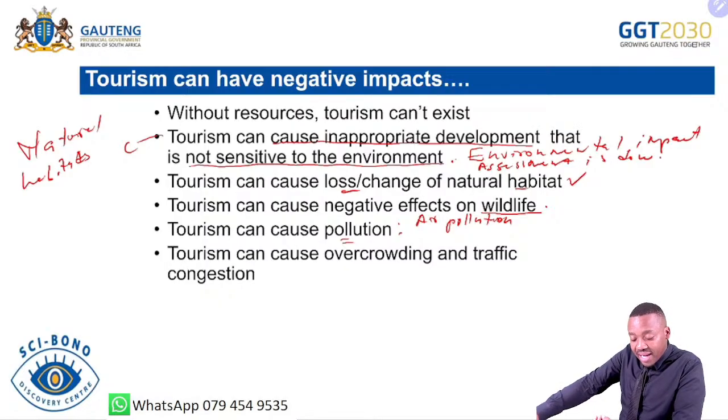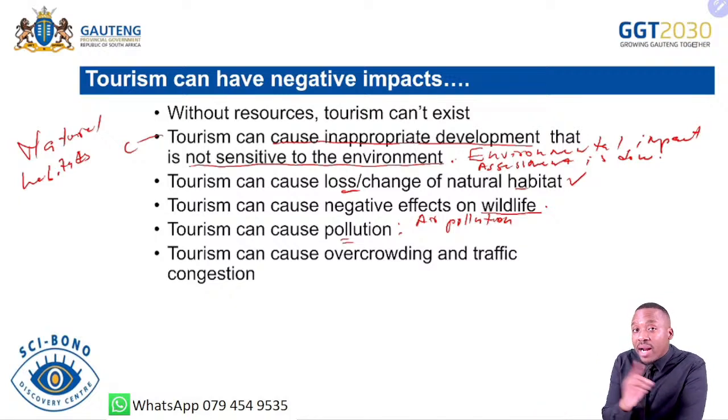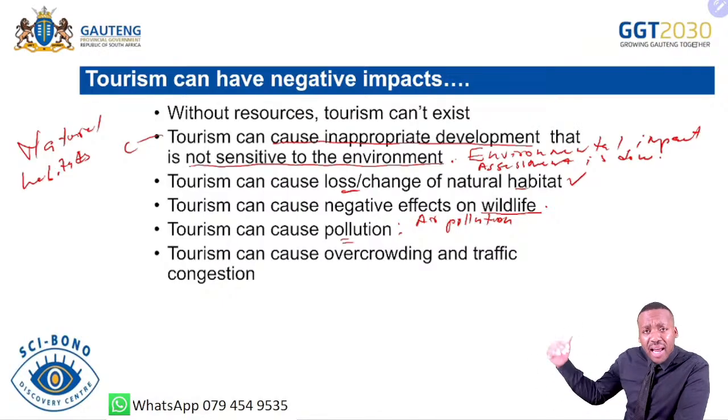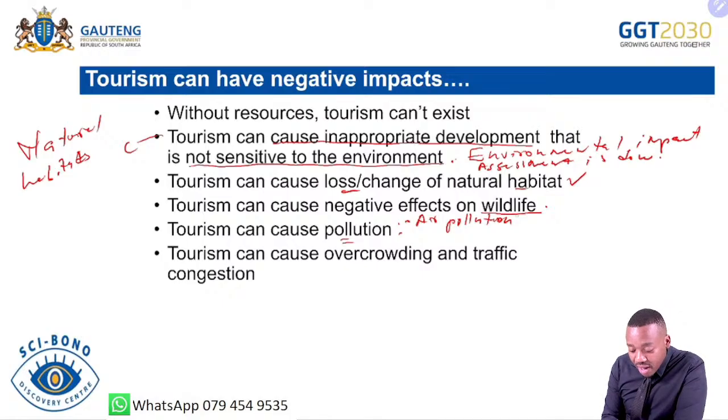Because of that air pollution from the flights, from the aeroplanes. Remember, what are they doing? It is due to tourism. So when all those flights are busy flying time and again, transporting people, what are they causing? Air pollution.